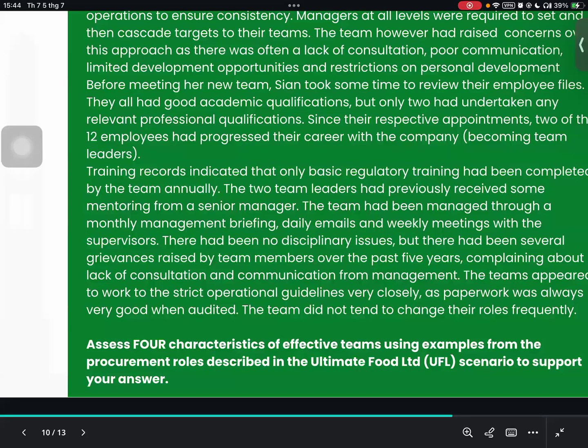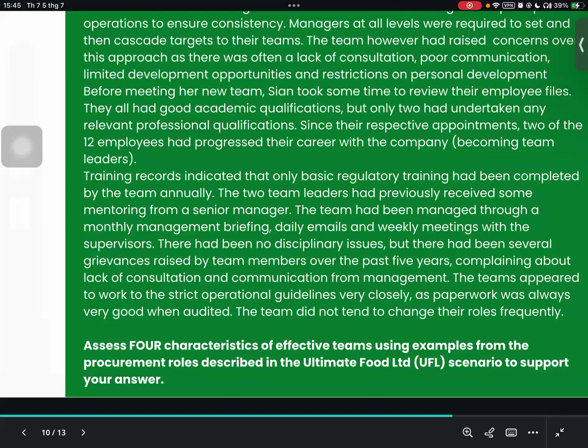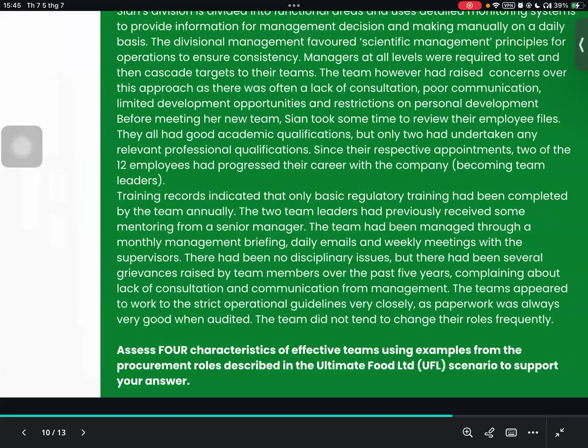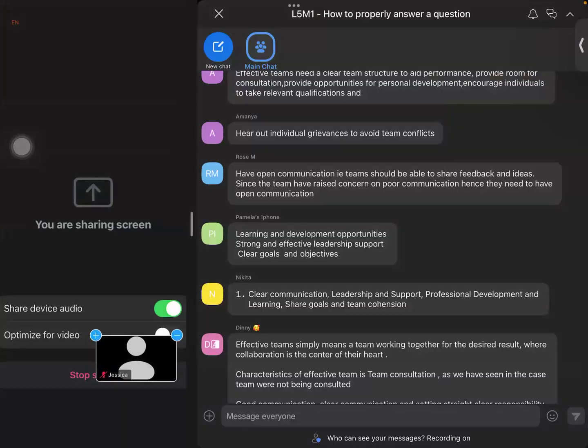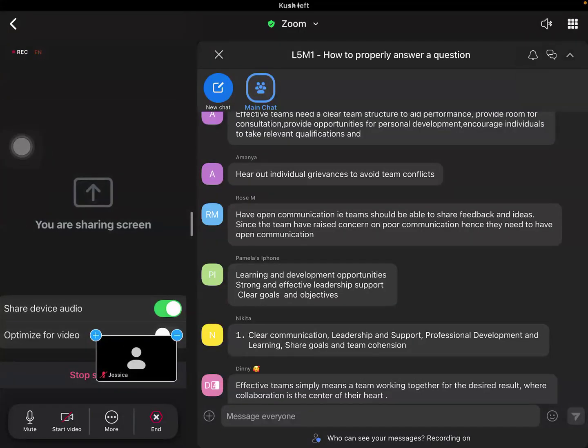They suggest a few ways, but you may need to only refer to one. Okay, it's not necessary to refer to everything. And here they limit the answer to 4 characteristics only. And with the outline, I expect that you can refer to some relevant theory, right?